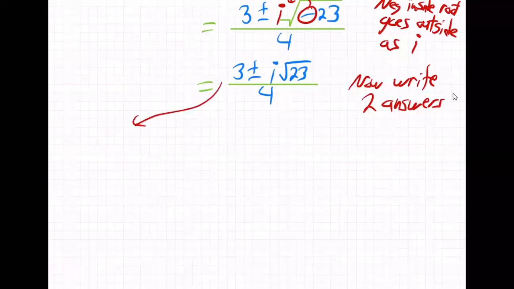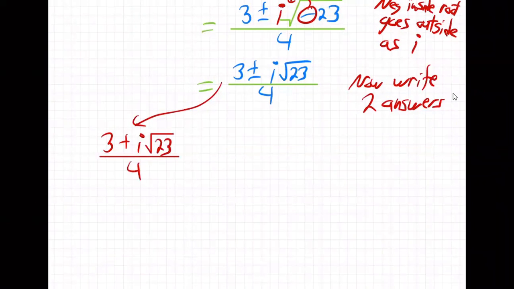And so it'll be 3 plus i square root 23 over 4, comma, and then 3 minus i square root 23 over 4.